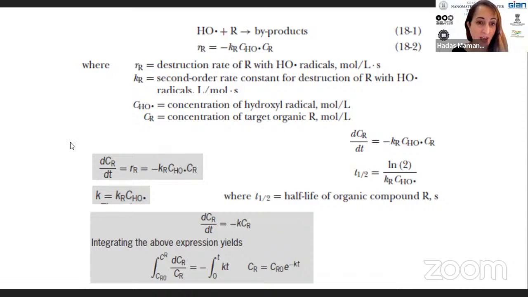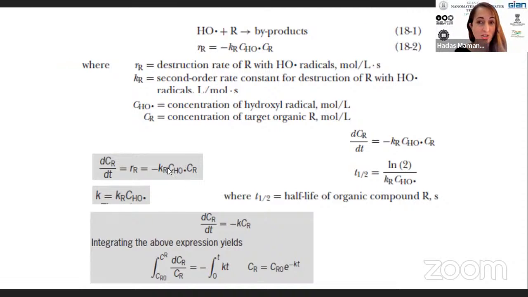For example, if we want to examine the degradation of the target organic compound R, the degradation over time is minus the second order rate constant for the destruction of R together with hydroxyl radicals, multiplied by the steady state concentration of hydroxyl radicals and the concentration of the target organic compound.